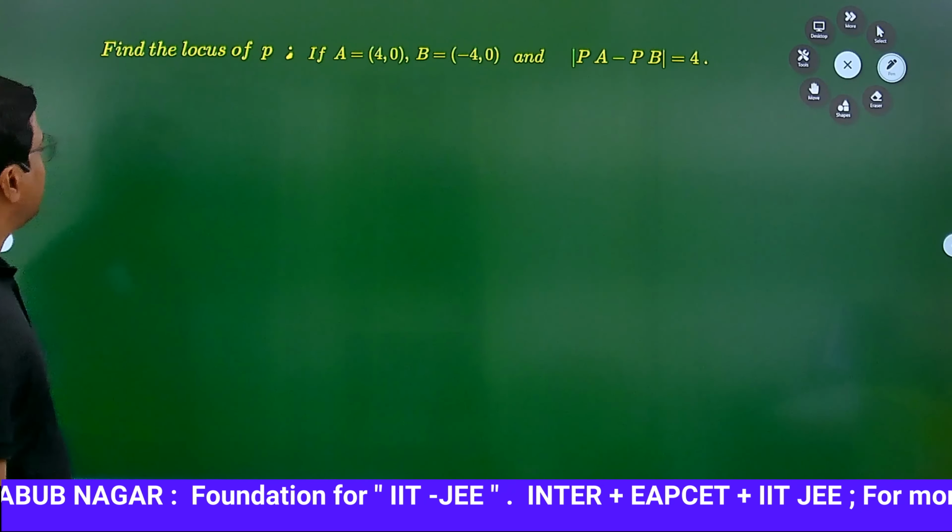Next, M square, that is x plus 4 whole square plus y square. On subtraction, L square minus M square equals A minus B whole square minus A plus B whole square.